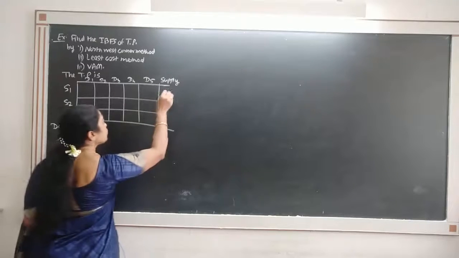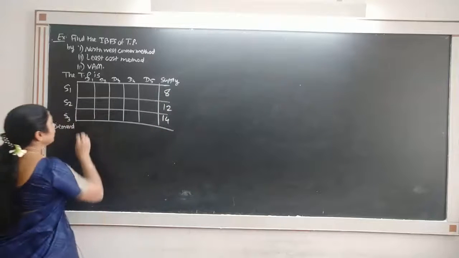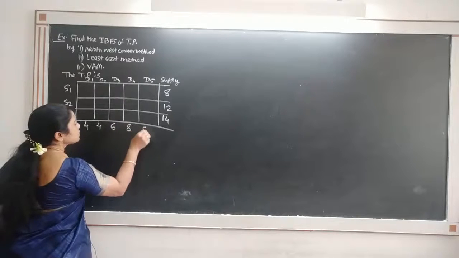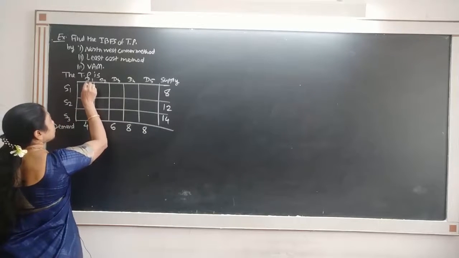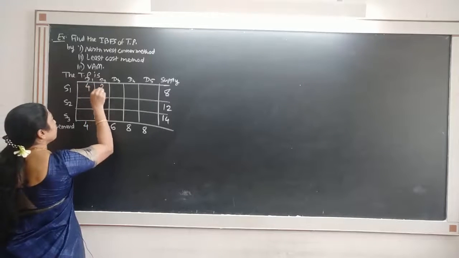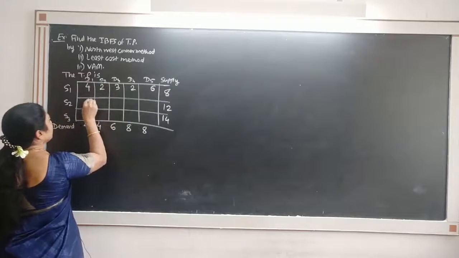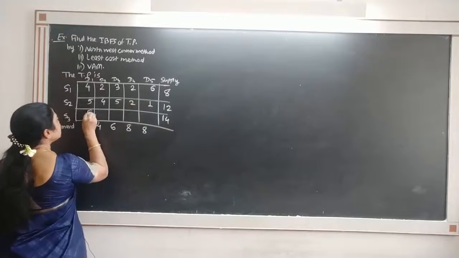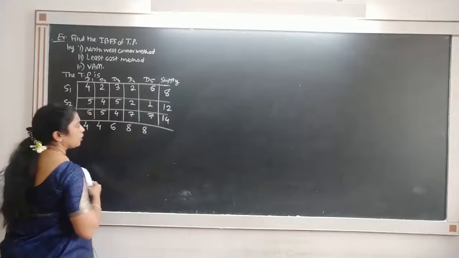The supply of the sources is 8, 12, 14 respectively, and the demand of the destinations is 4, 4, 6, 8, 8 respectively. The cost is also given: 4, 2, 3, 2, 6, then 5, 4, 5, 2, 1 and 6, 5, 4, 7, 7.